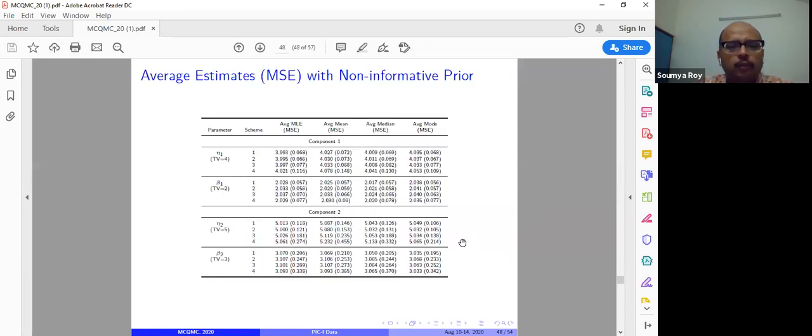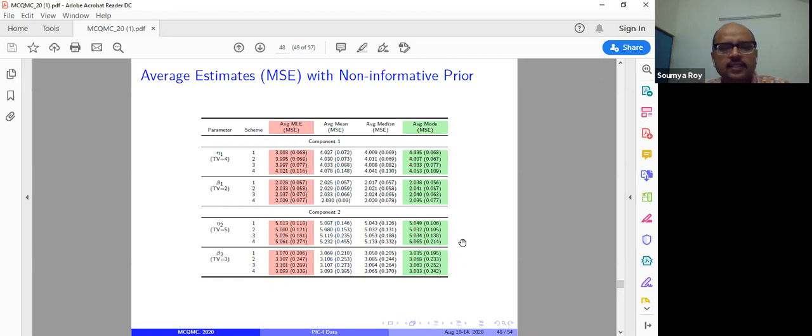Now, in each case, we have got the average estimates as well as the MACs for both MLE as well as the different Bayesian estimates. What you observe, if we just quickly look at the column highlighted in red for the MLE, is that as we move from scheme 1 to scheme 4, the MAC has gone higher. This is expected because the total time on test is going to be smaller for scheme 4.